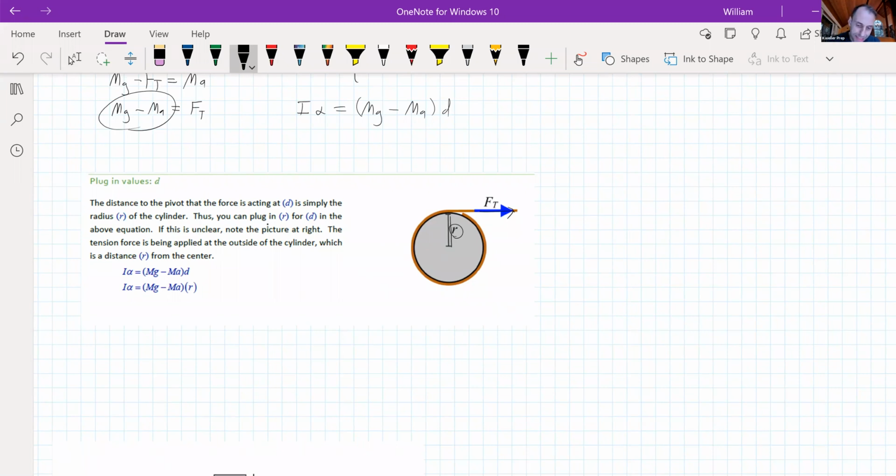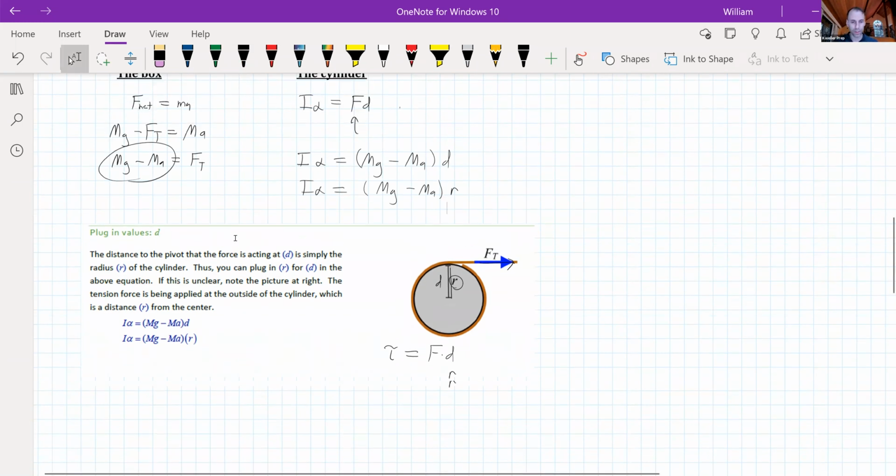So that means that this d, the distance, because again, torque is force times distance, in here that distance is r. So I could go ahead and plug in r there. So the equation simplifies slightly into mg minus ma times r. So far, so good.